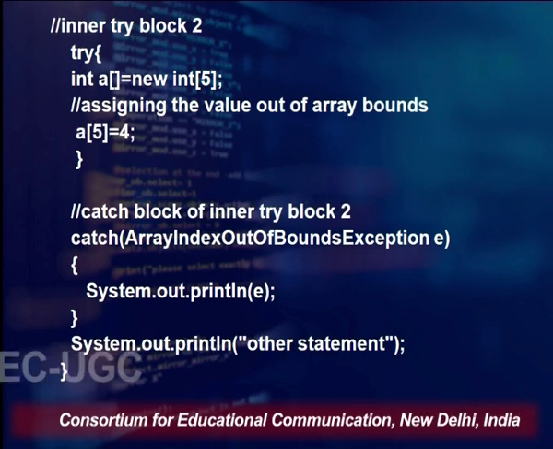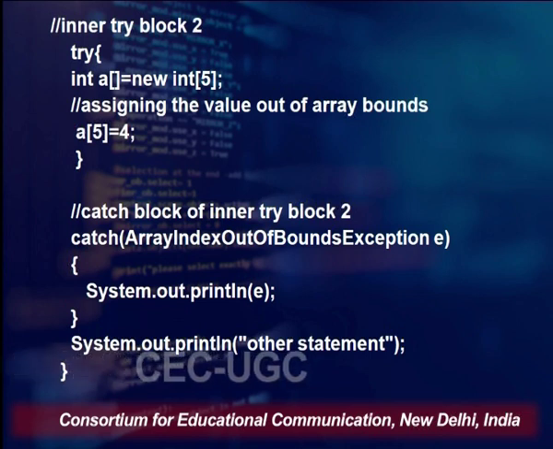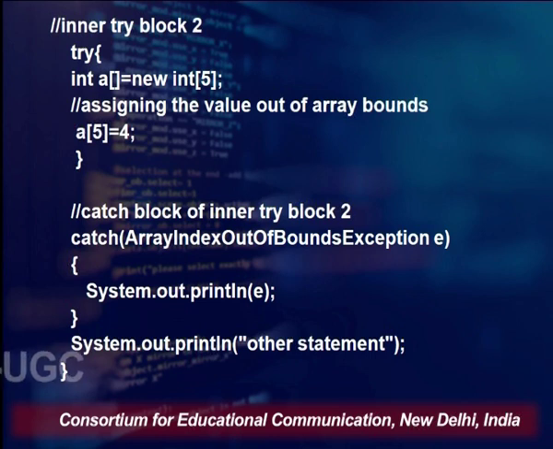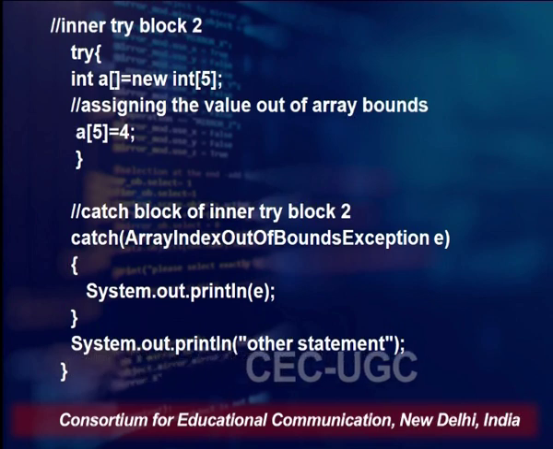After that catch block, we have given one print line, System.out.println("other statement"). So in this program, till now we have seen one try block, then one try block within that try, which is about divide by 0.